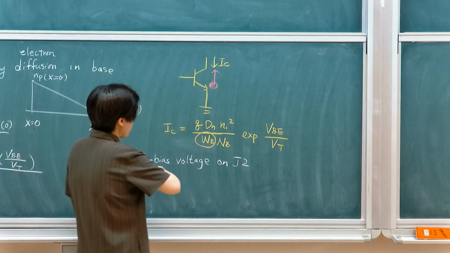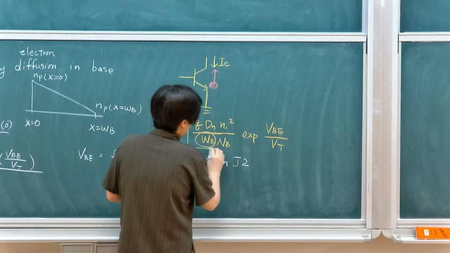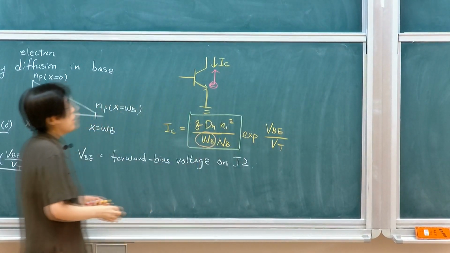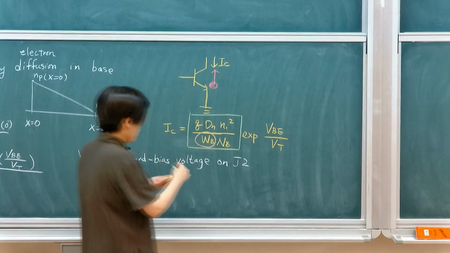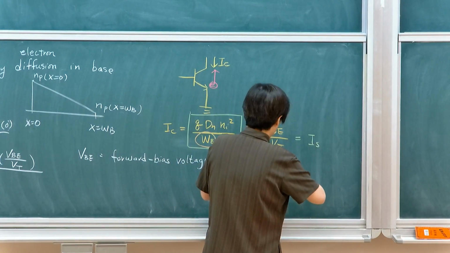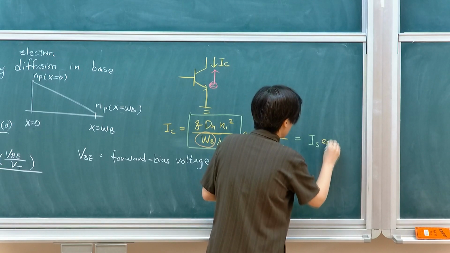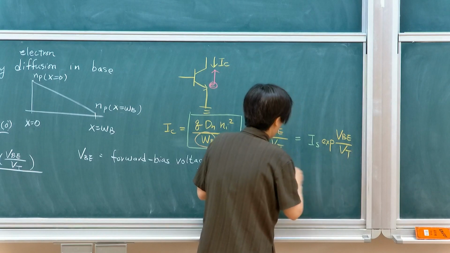So typically we will lump all these device structures, because these are all defined by device parameters. Therefore, this will then be turned into IS exponential. You only keep the ones that depend on external voltage.